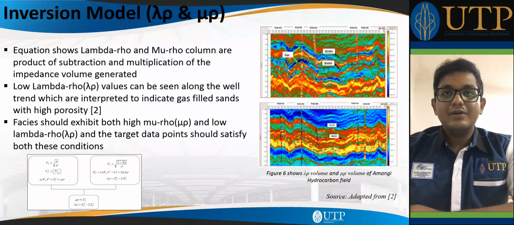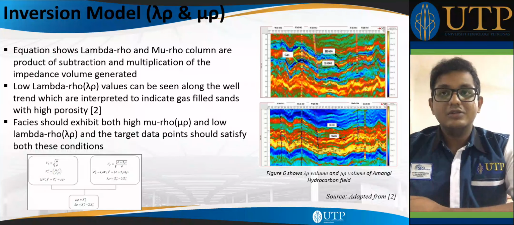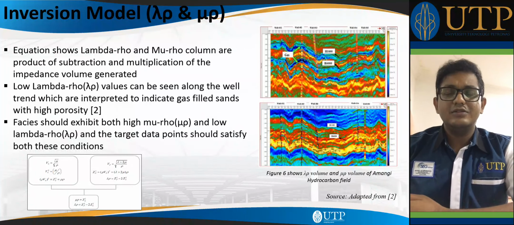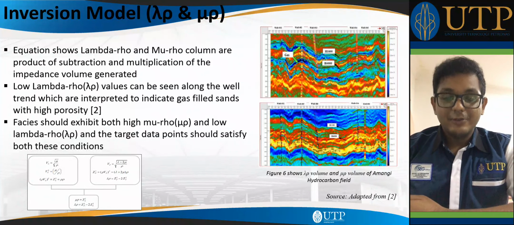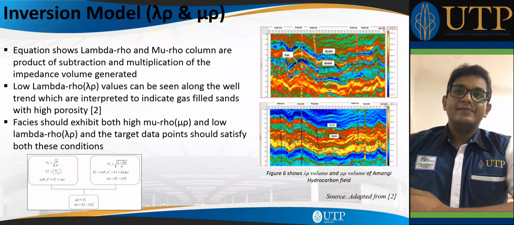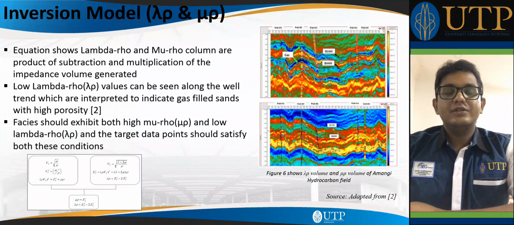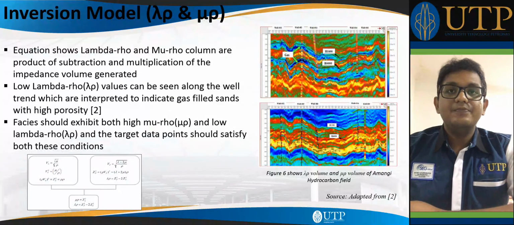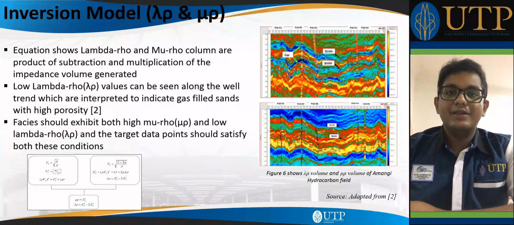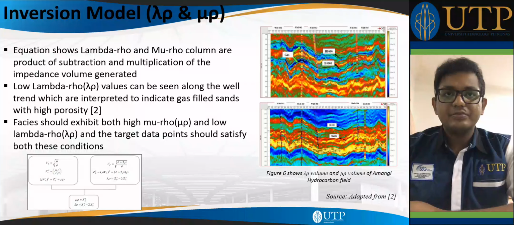These Lamé parameters are part of the P wave and S wave velocity equations, where Lambda-Rho and Mu-Rho volumes are the product of subtraction and multiplication of the impedance volume generated earlier. And bear in mind that the impedance volume needs to be converted to Lamé's parameter volumes to compute other geophysical parameters that might aid in distinguishing the lithology and fluid.